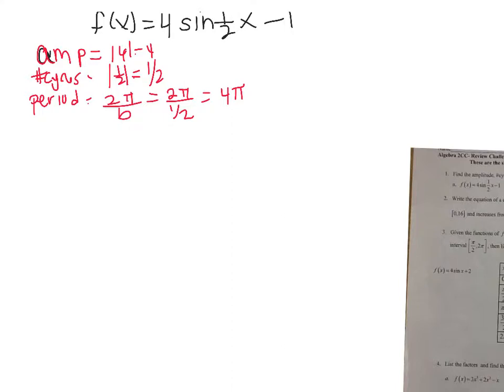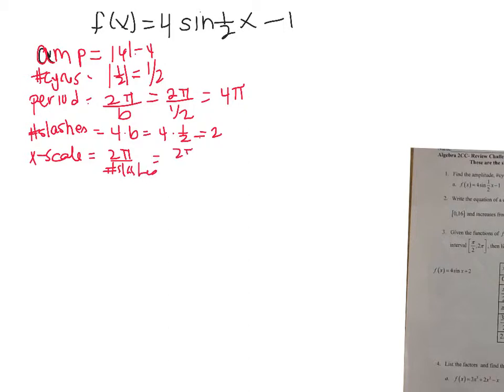All right, so the number of slashes is 4 times b. 4 times 1/2 is equal to 2. And then we have our x scale, which is 2 pi over the number of slashes.